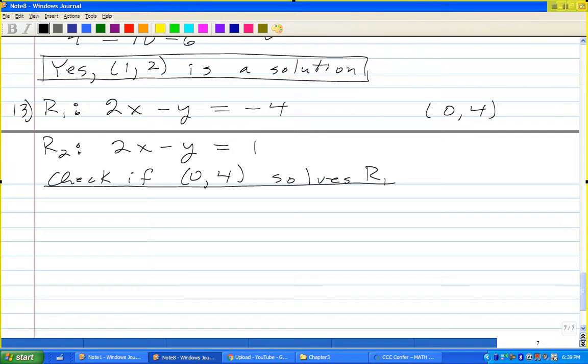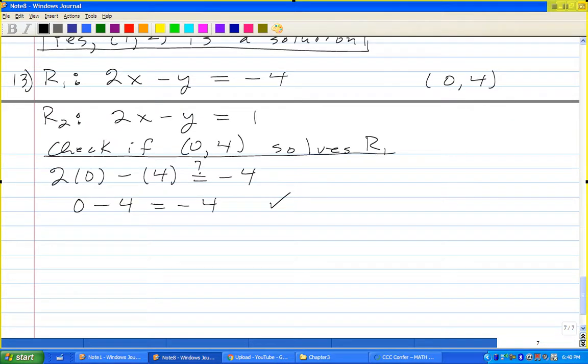And so is 2x minus y equal to negative 4? Is 0 minus 4 equal to negative 4? Yes. Let's look at the second equation. So let's check if (0, 4) solves R2.